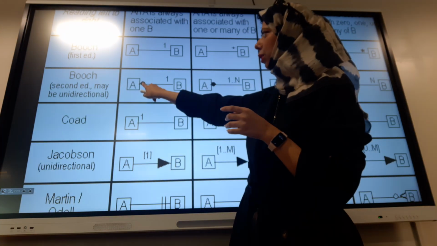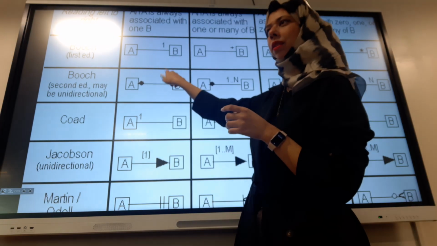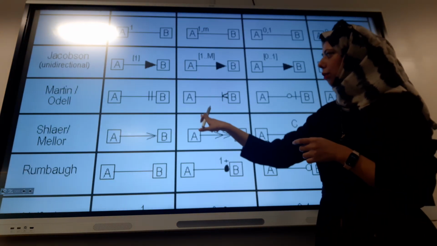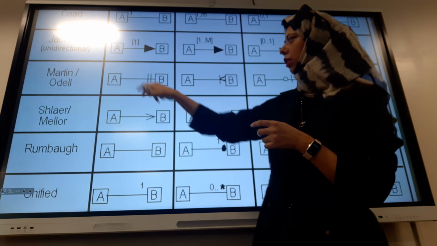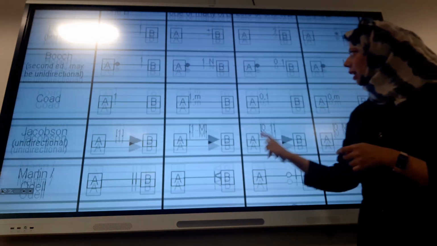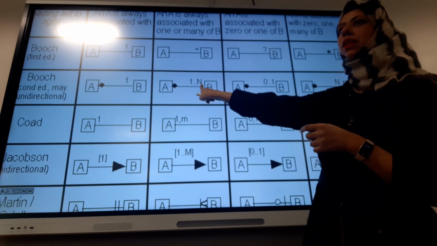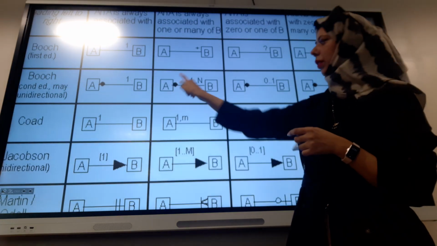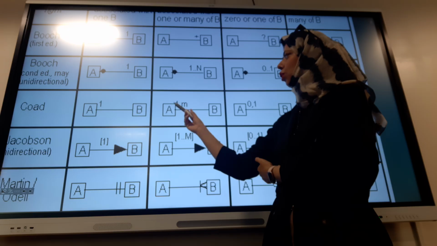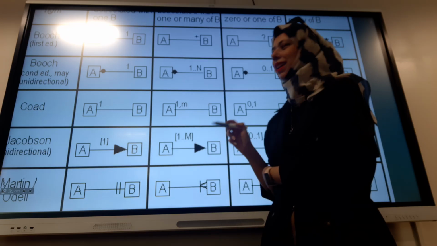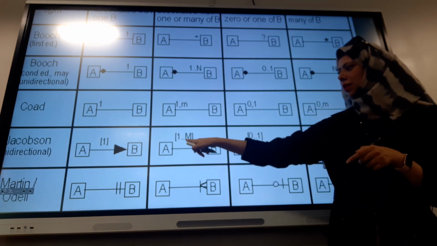So here, this is how you do it, like a knot: 0, and this indicates 1. I can do it the opposite way, of course, or I can do it this way with two bars. Again, another annotation. And if you want to do it for multiple items like this, one to many, here you can still do it like 1, comma, m, which means minimum 1, maximum many. You can still do it with the dots in between square brackets.